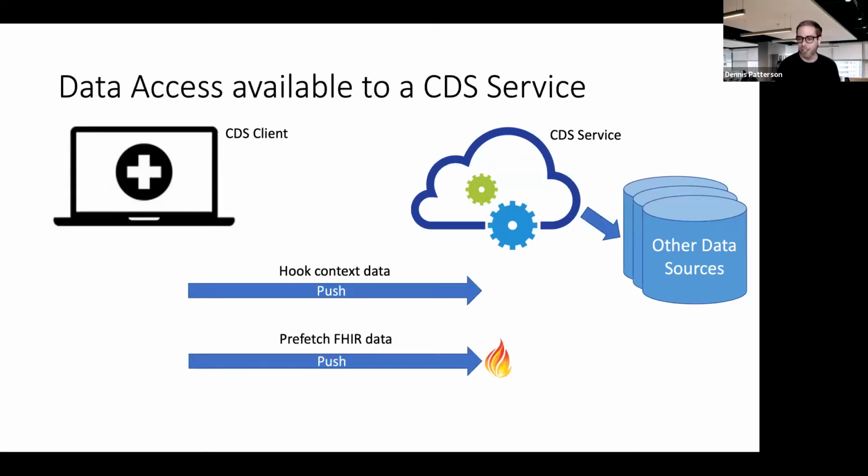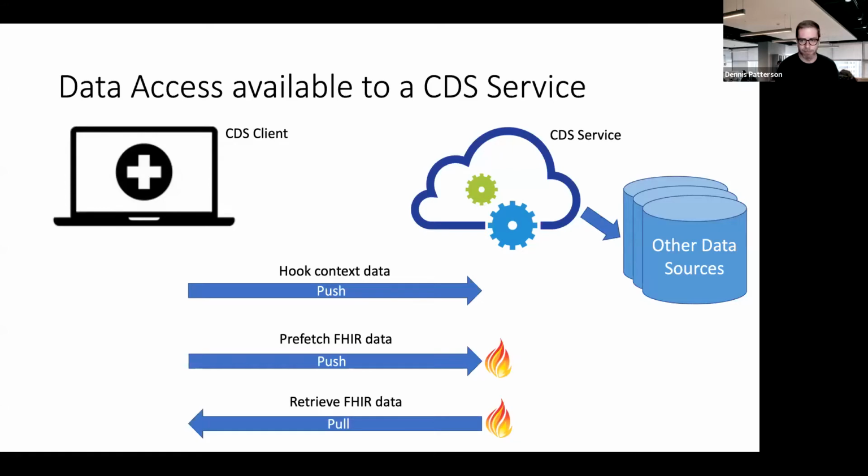There can be prefetched FHIR data pushed to that service. So we saw that advertised and requested in the discovery endpoint. It can ask for other aspects of the patient's record that it wants sent along with notification of that event. And thirdly, there's the option for that service to be able to call back into a FHIR server to do its own queries for FHIR data.